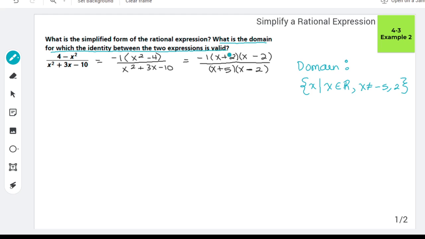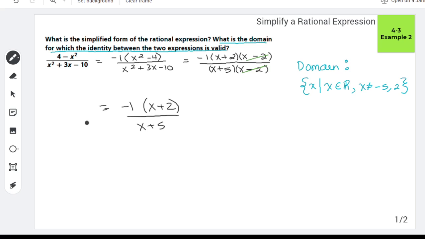So now we need to go through and simplify our expression here. All right, so if I look in the numerator and denominator, I have an x minus 2 on each one. And that's the only thing that I have in common there. So my expression turns into -1 times x plus 2 over x plus 5.